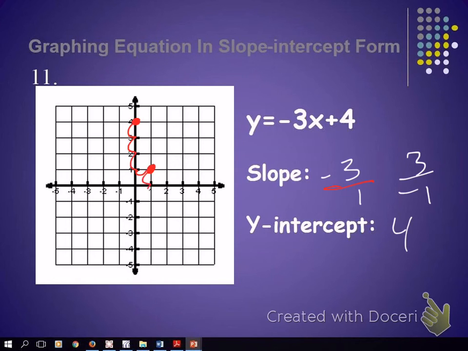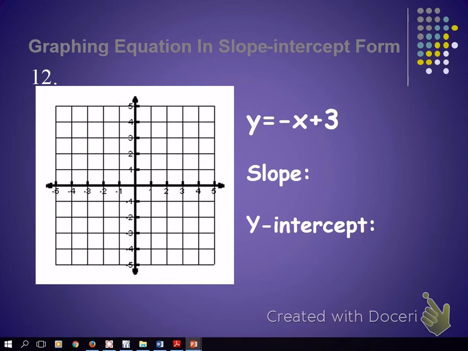So I'm going to go down 1, 2, 3, and right 1. And that is the next point. We got 3 points now. We can graph and be very happy with ourselves. Okay? All right. Try this one.